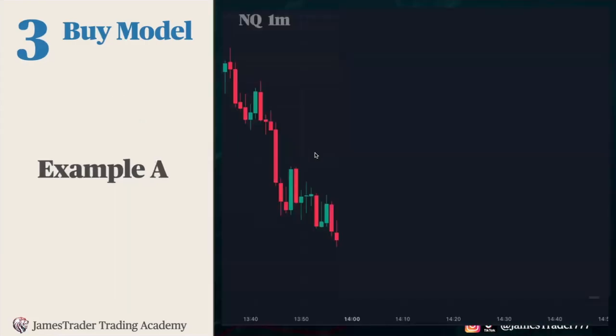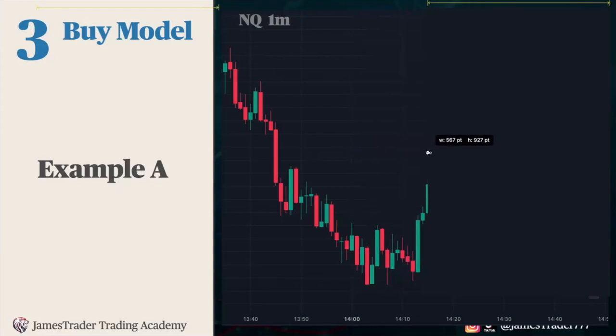So here's some examples. NQ is moving down on the 1 minute, moving down, and then it starts to come back up. So I see this shoulder, head, and now I'm looking for some type of pullback to enter.